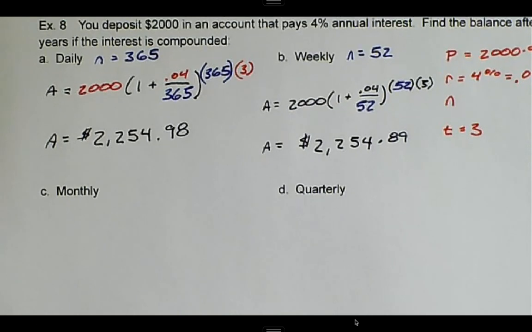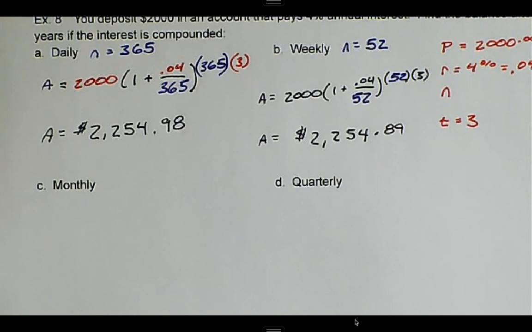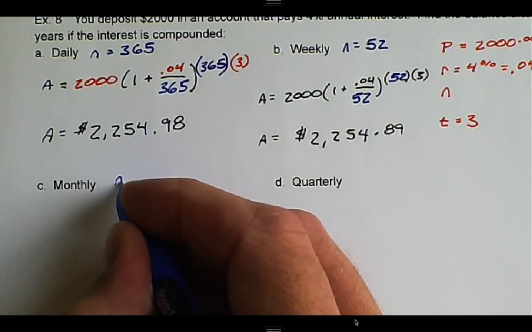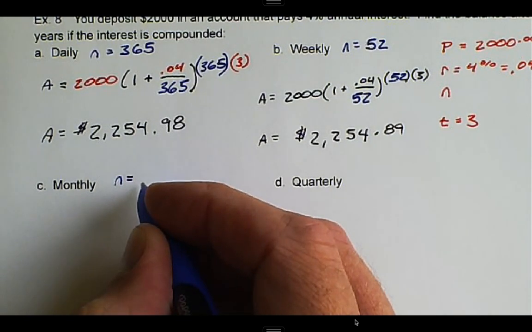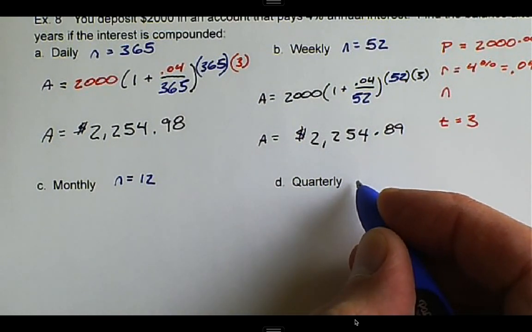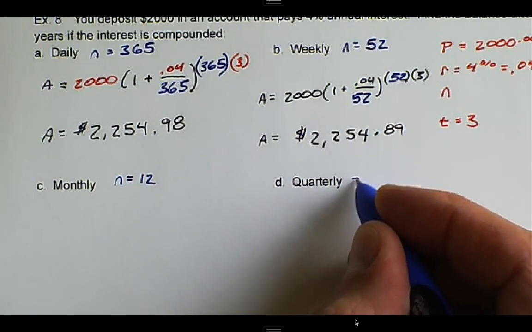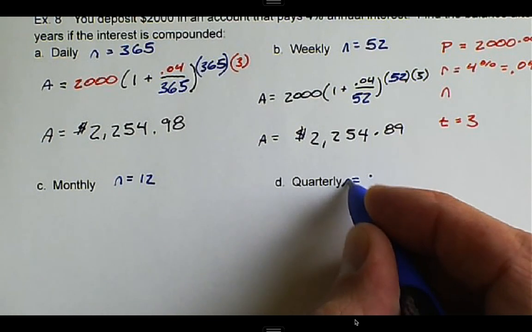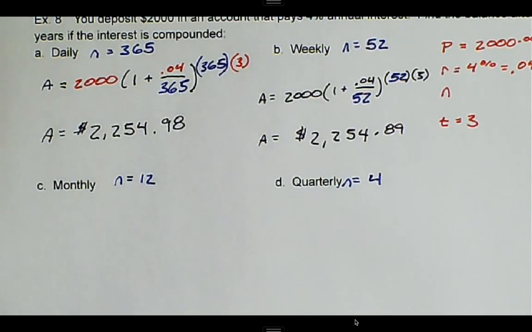We have monthly, in which case n is 12, and quarterly, in which case n is 4. We can substitute that into our equation, and everything is going to be the same except for the n value.